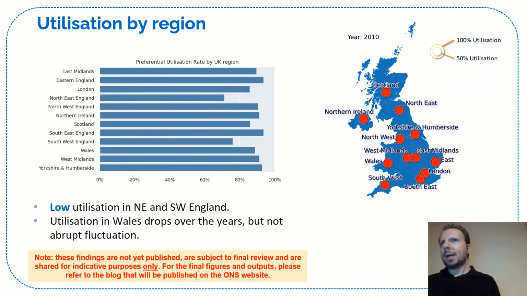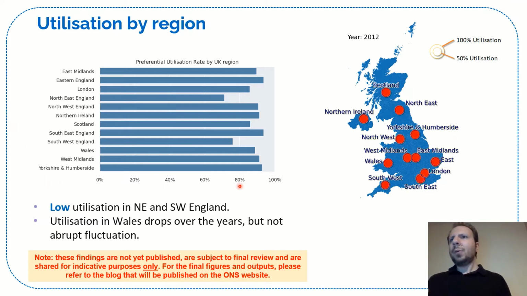Next, we're looking at utilization by UK region. Overall, we see that there are some regions that show high utilization, such as Eastern England and South East England, and there are other areas that show low utilization, such as North East England and South West England.